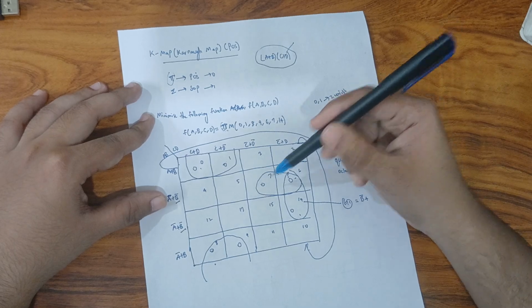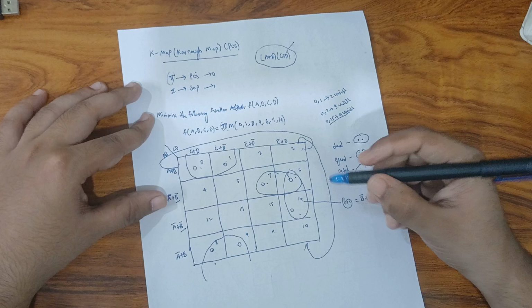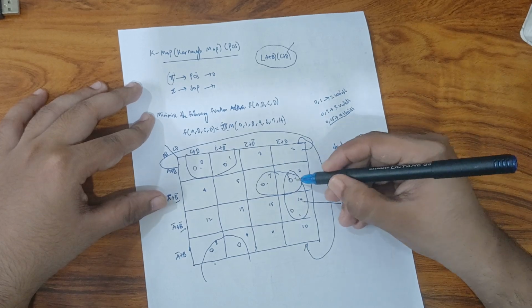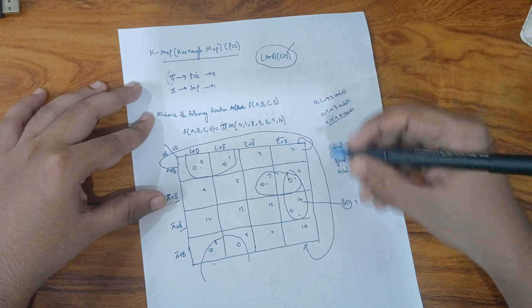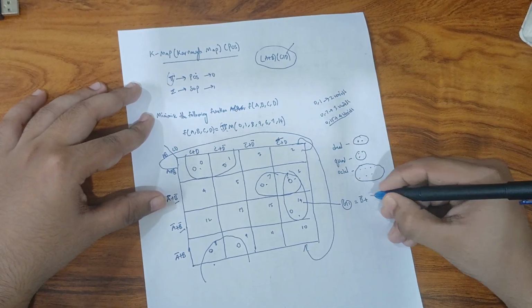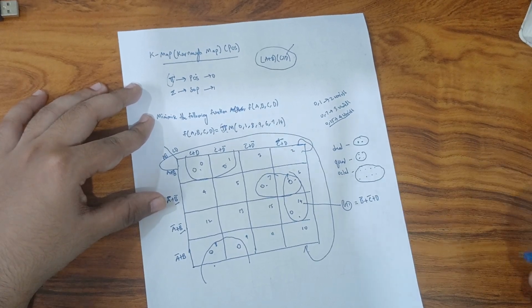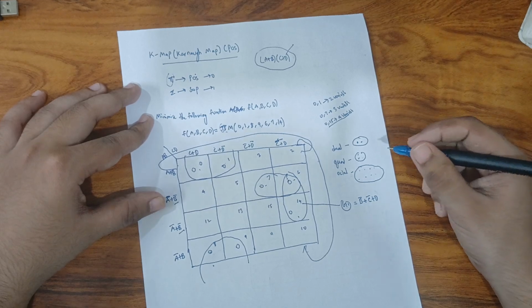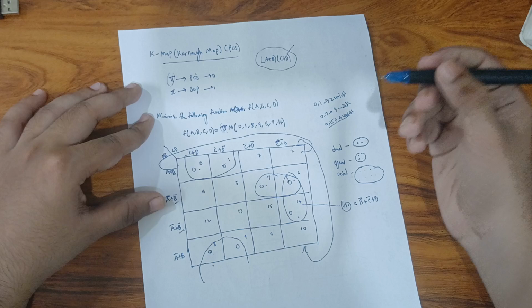So the next group is this one. No, we still have something. We still have these in this column to check, and here we have C bar and D. Both of them are common, so let us put them into the equation. So we got our first group's POS equation, or basically the part of the POS equation.